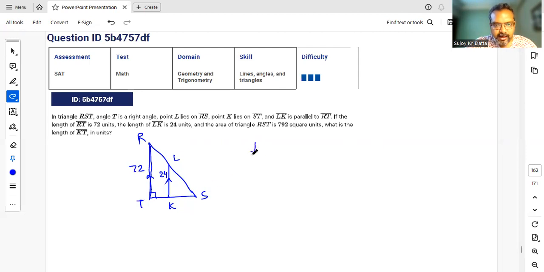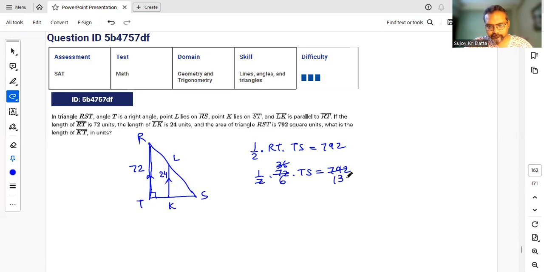All right, so half times RT times TS should be 792. So if I cancel out with 6, we have got 22 as TS.